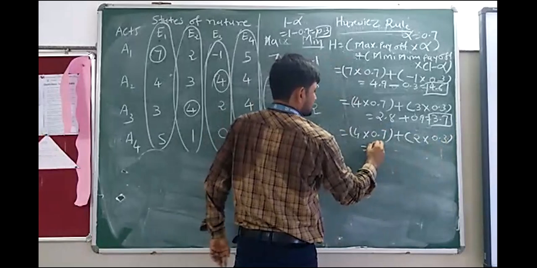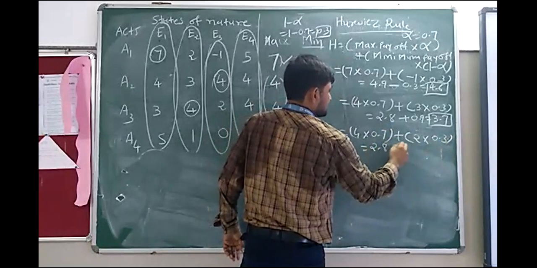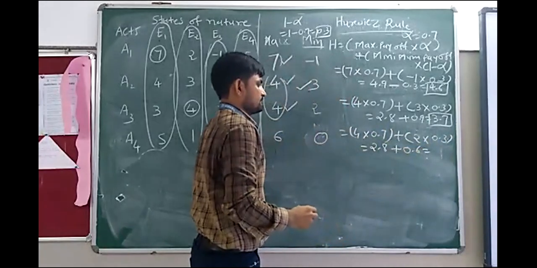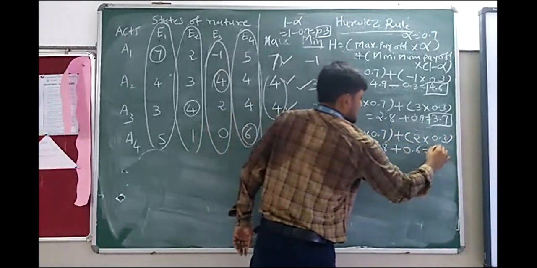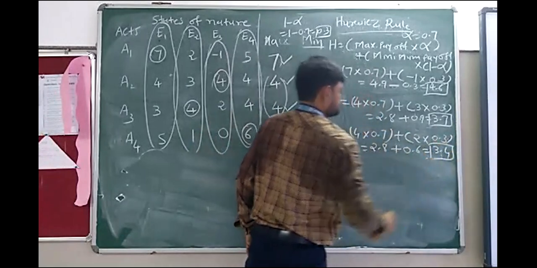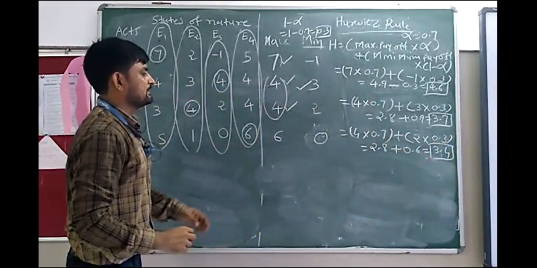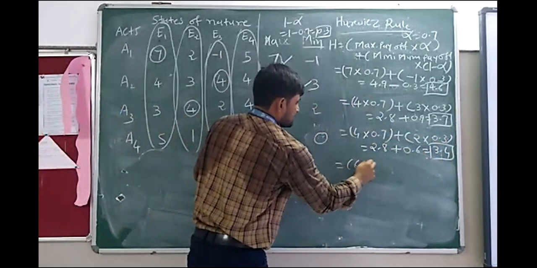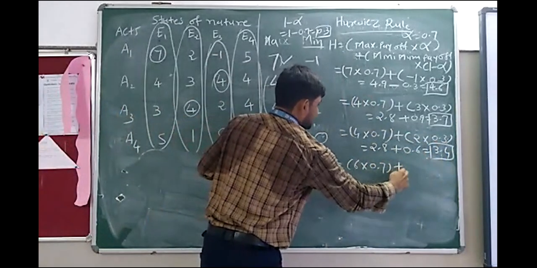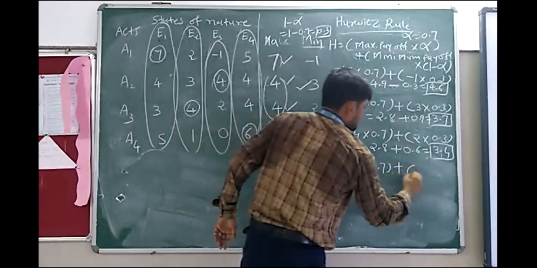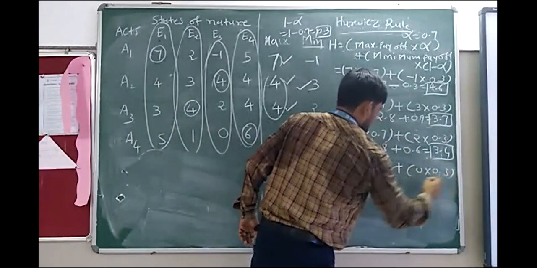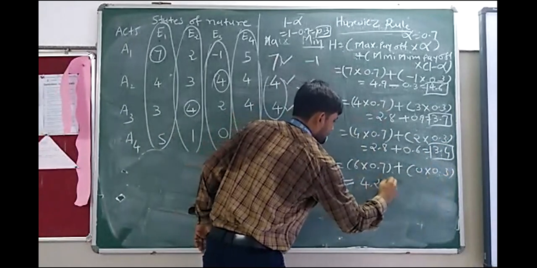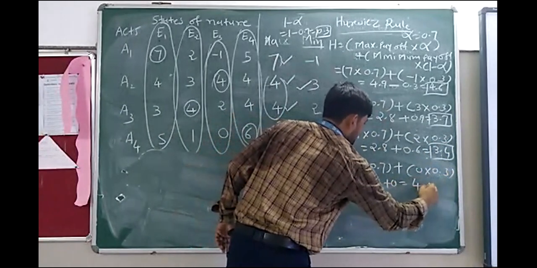So it is 2.8 plus 0.6. So it is 3.4. And finally we'll find for the fourth act, that is maximum into alpha, that is 6 into 0.7, and minimum into 1 minus alpha. So it is 4.2 plus 0, that is 4.2.